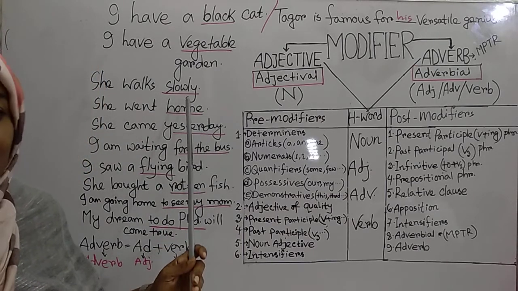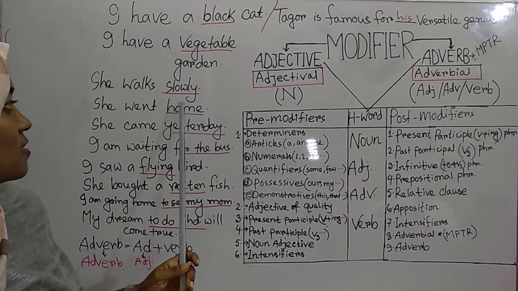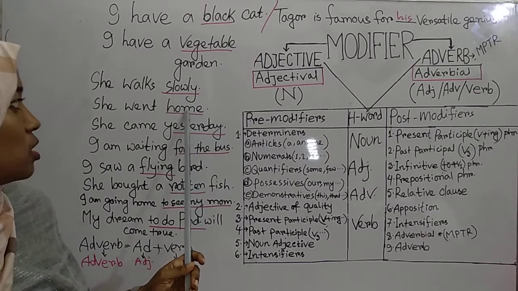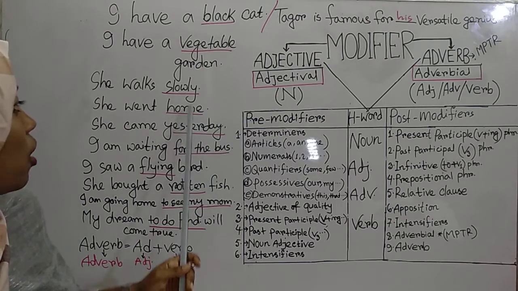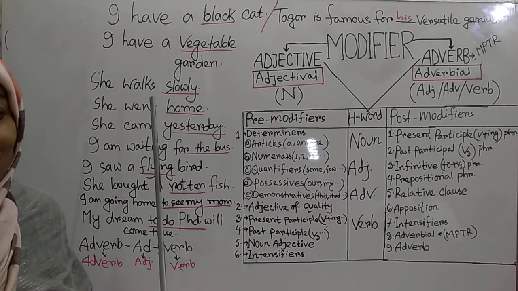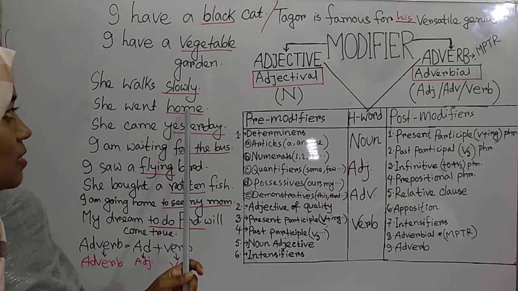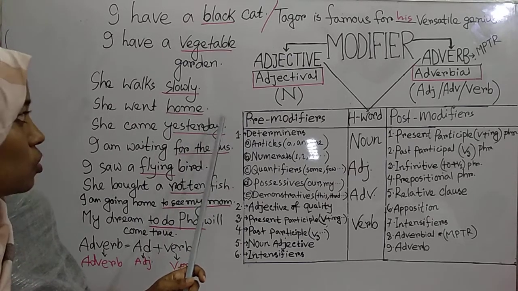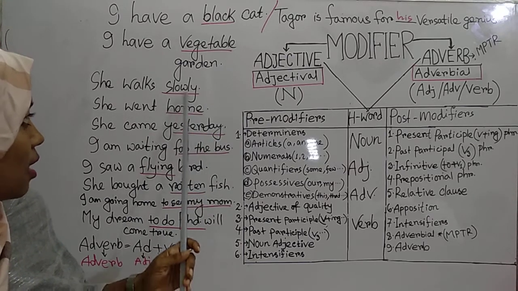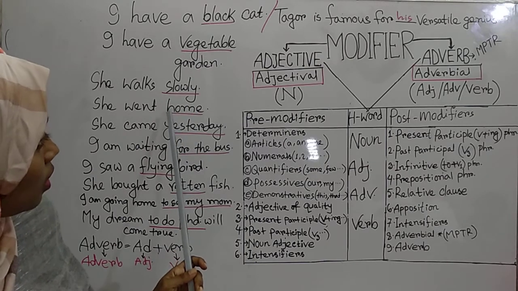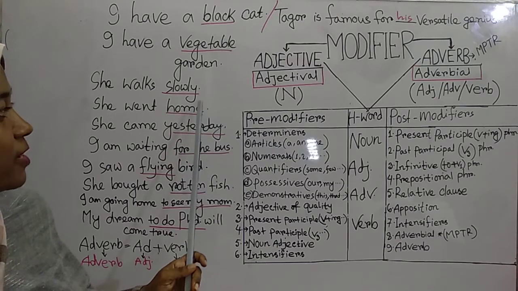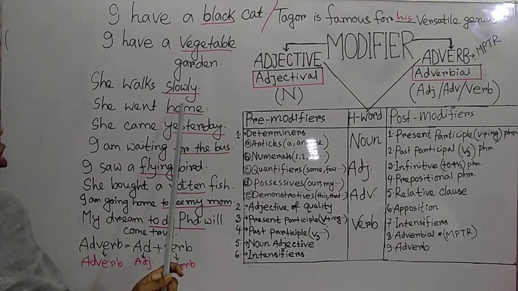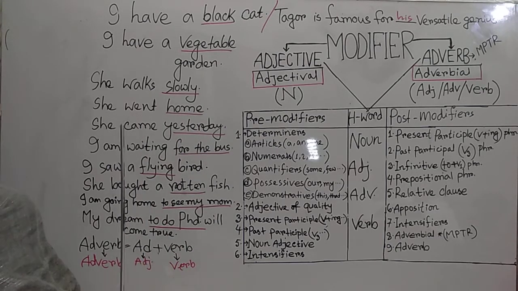Here, home is an adverb because it's the answer to the question where. It means where did she go? The answer is home. So, home is an adverb of place here, and here it has been used as the post-modifier of the verb.